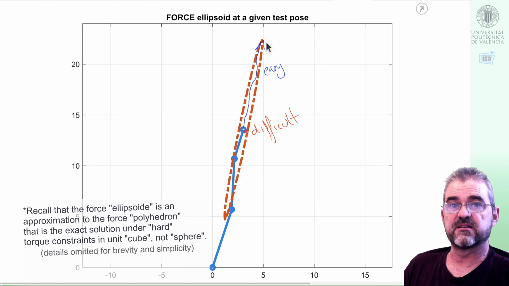So in this case, this force ellipsoid is ill-conditioned, and I can counteract very large forces in one direction, but small forces in another one.